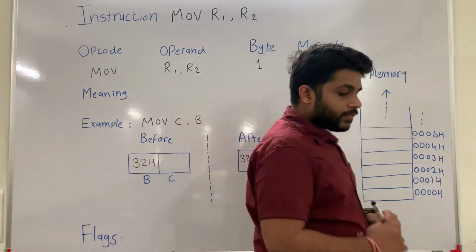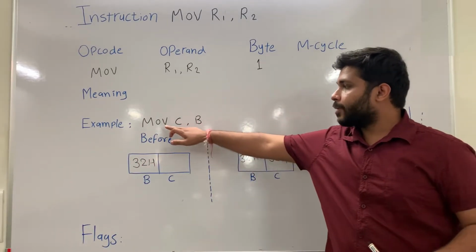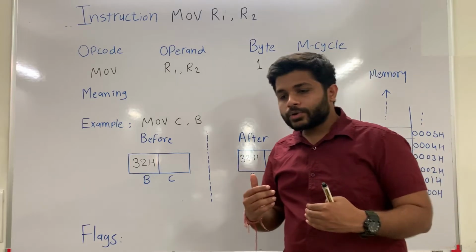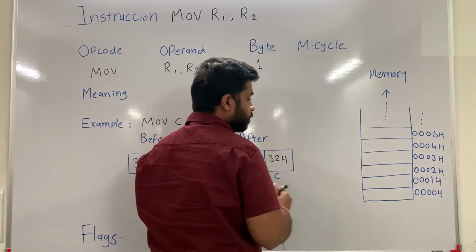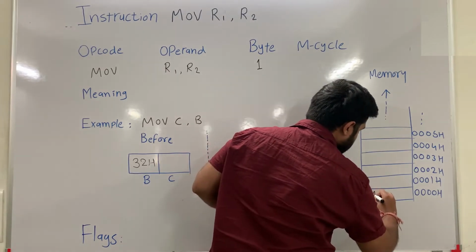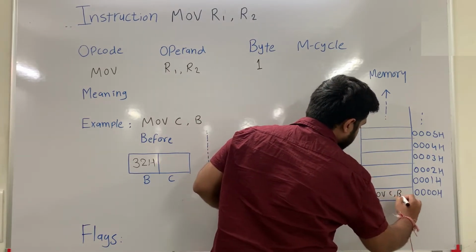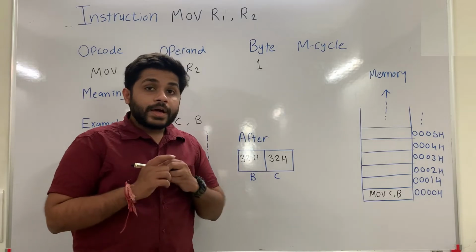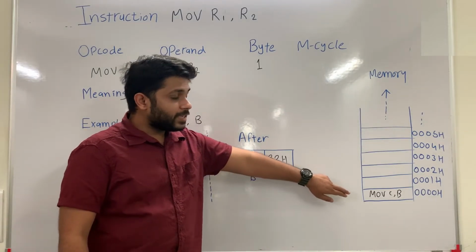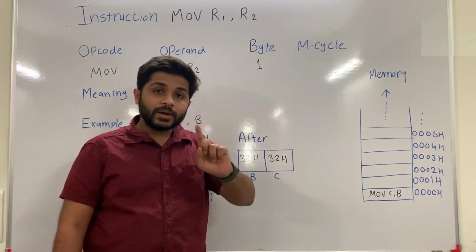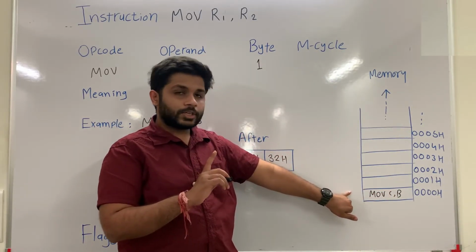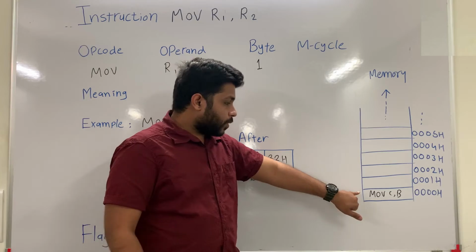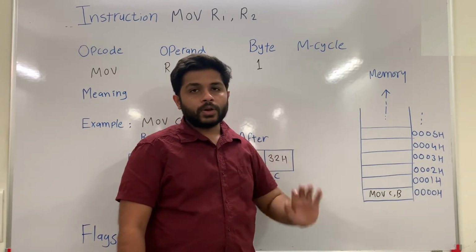Right now we are giving one instruction, that is MOV C, B. The instruction will be stored in the memory from the starting location. Notice right now the instruction is of only 1 byte, that is why one location contains only this instruction.